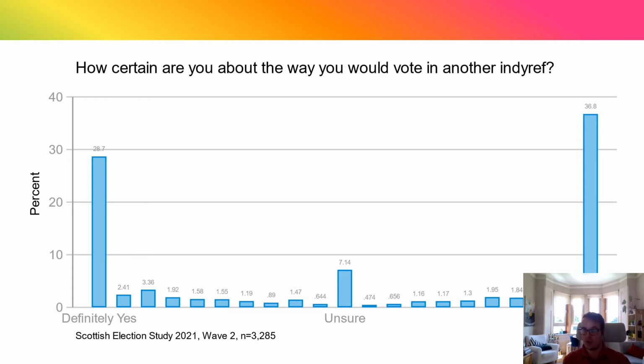We see that no has a bit of an edge, but the overall picture here is that a good almost 2/3 of the electorate are absolutely certain of the way that they're going to vote in an independence referendum. Looking at the data from the Scottish referendum study in 2014, a small number of people decided either way, did change their mind, but it was quite negligible.